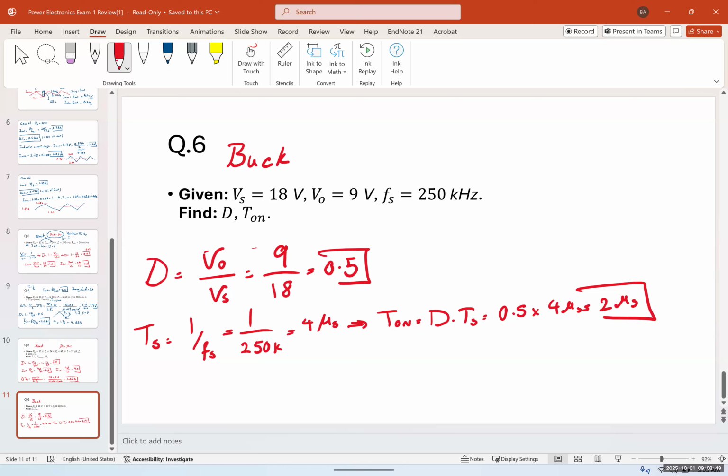Like, for example, what type of switches do we have? How many different types of converters do we have? Applications of power electronics and solar system, photovoltaic systems, or wind, or something like that.